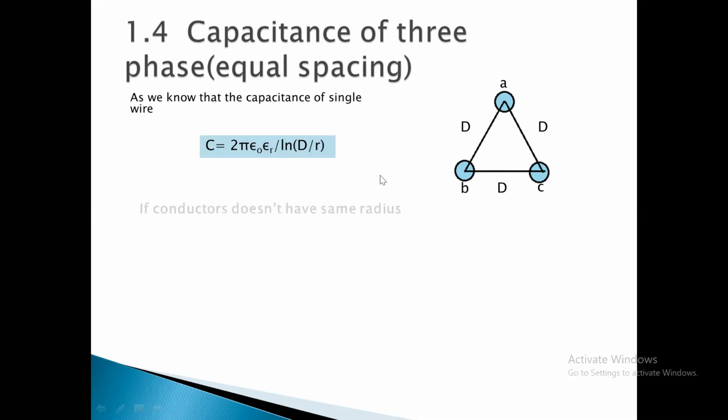So what if the conductors don't have the same radius? Then I have to put the radius of each conductor, like RA multiplied by RB multiplied by RC, raised to power 1 divided by 3.